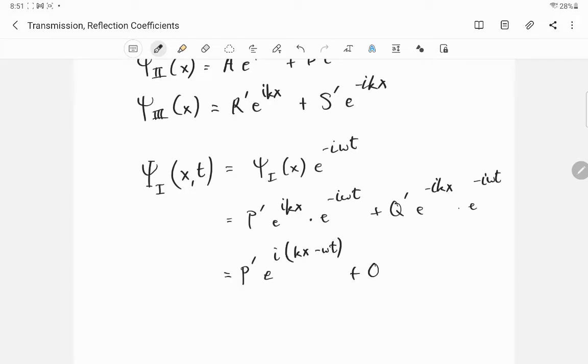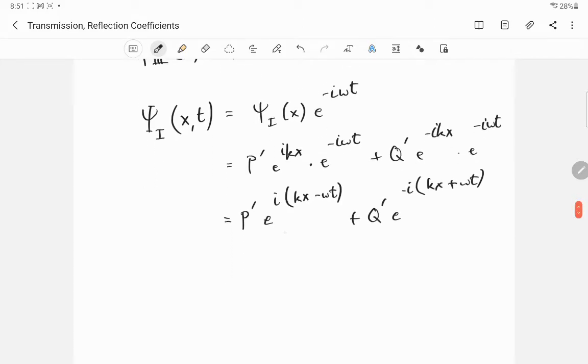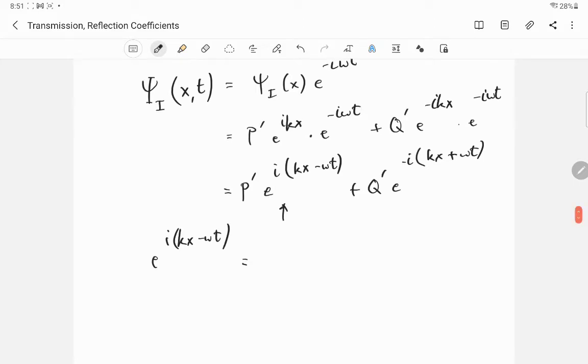And then the q prime term looks like e to the minus I times kx plus omega t. I get the plus sign here because the arguments have the same sign, and the minus sign here because the arguments have opposite sign. And if you look at this, e to the I kx minus omega t, let's rewrite this using Euler's formula.